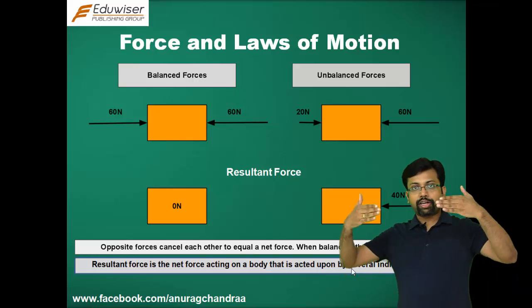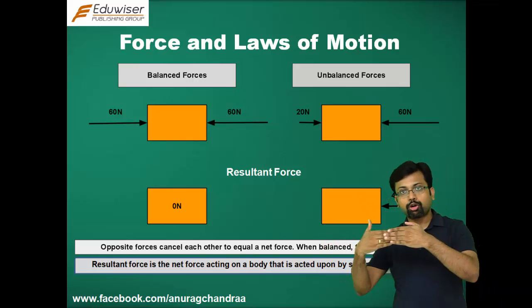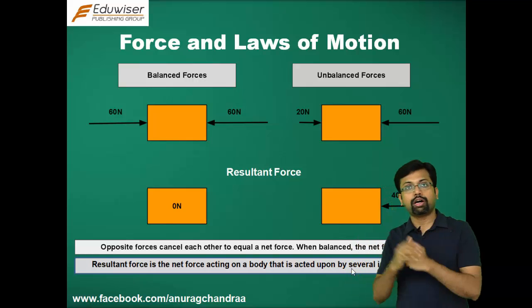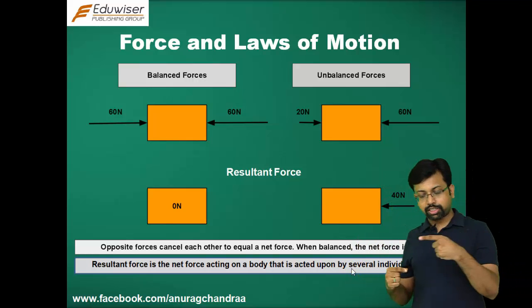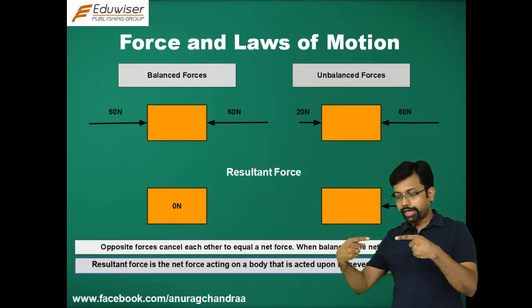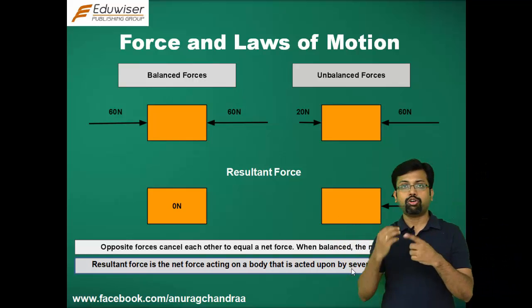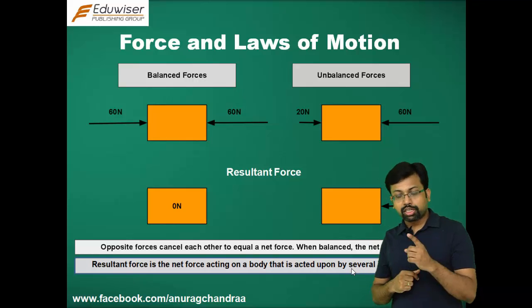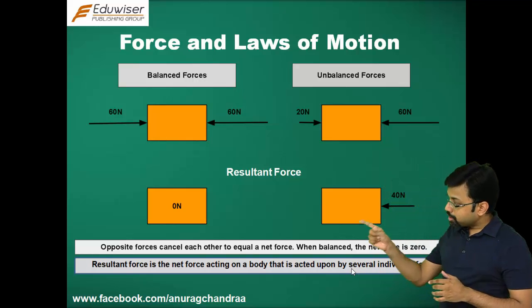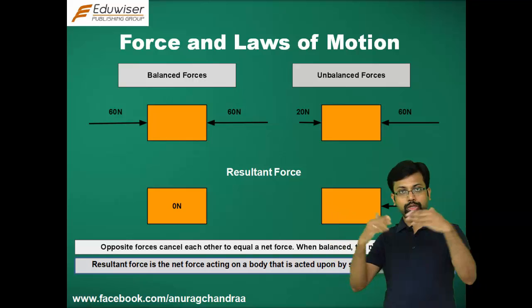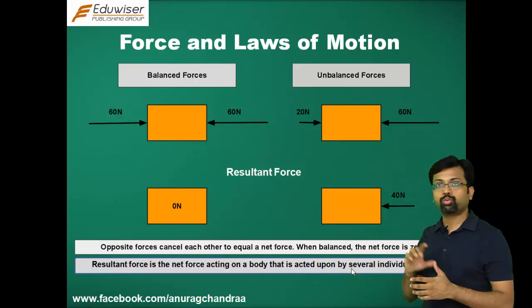The net effect of one force will be cancelled out by the action of the other force. So effectively a 60 Newton force going towards the right cancels out the effect of a 60 Newton force acting exactly opposite to it. Hence the resultant force in that case would be 0. 60 and 60 would cancel each other out and the resultant would be 0.